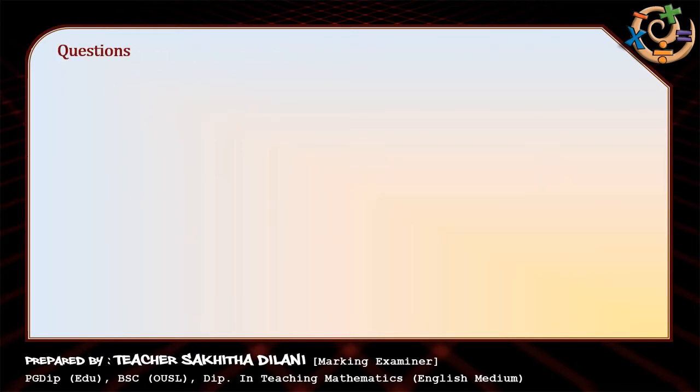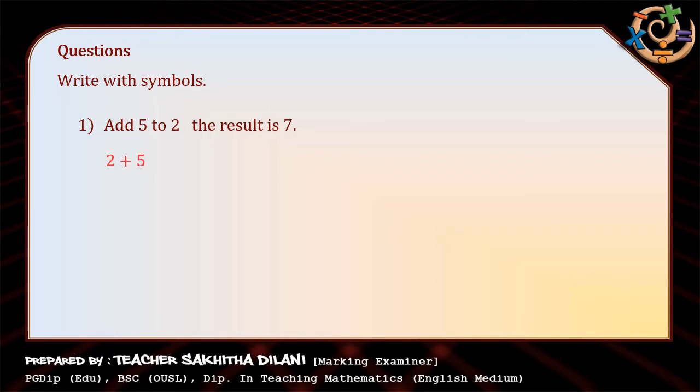Now you are given two questions. Write them with symbols. First one, add 5 to 2. The result is 7. How do you write it with symbols? 2 plus 5 equals 7.